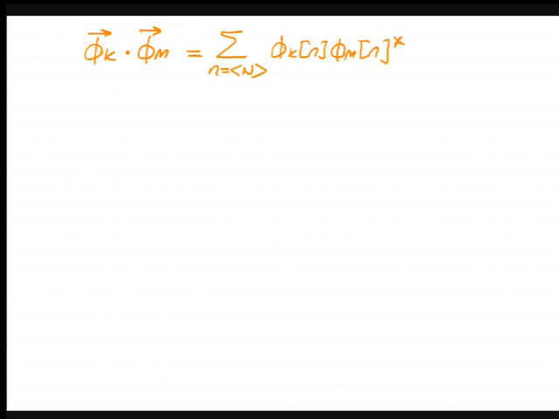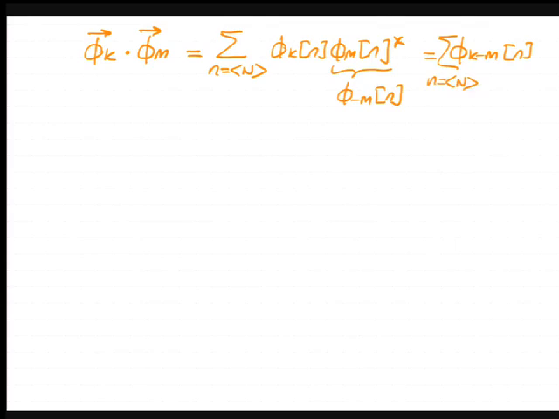But we saw earlier that phi m star is the same as phi negative m. We also saw that if I multiply two of these phi functions, it's the same as adding their indices. So that amounts to being phi k minus m of n that I'm summing up.